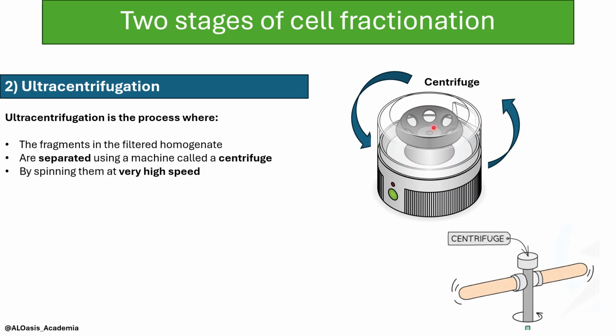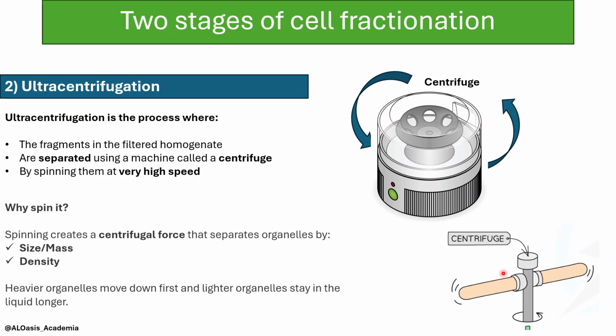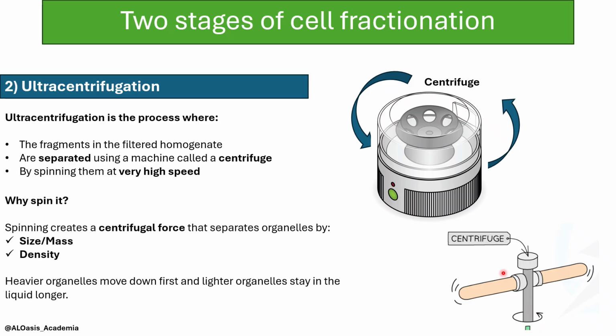So centrifuges can be machines like that, or other machines like the ultracentrifuge, where you have a tube like that. Within that tube, you will have the filtered homogenate, and then the machine will keep spinning at very high speed. So now the question: why do centrifuges spin at high speed to separate the organelles? It is because spinning at high speed will create something called centrifugal force.